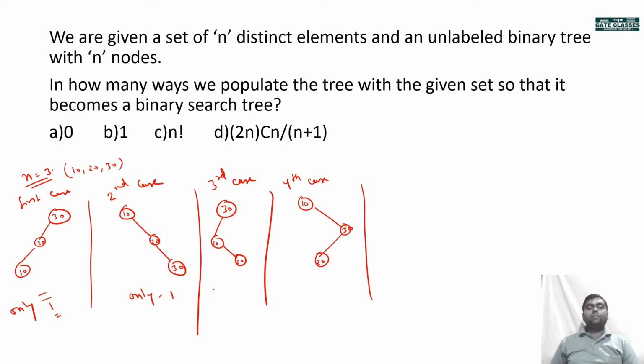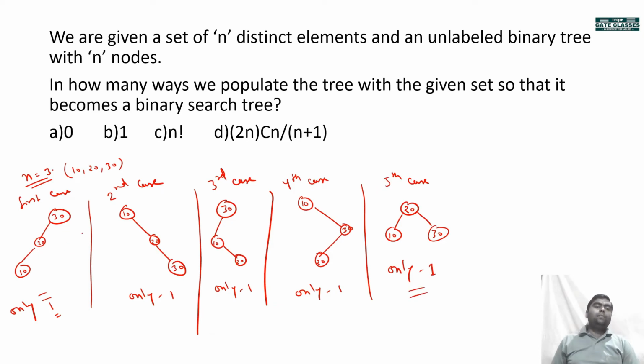Because unlabeled is given, here is also only one possible, and here is also only one possible. Now what may be the fifth case? This type of unlabeled binary tree is given with three nodes and three distinct values 10, 20, and 30. How can we store them? The left is 10, the root is 20, and the right one is 30. No other possibility, so here also only one possibility.